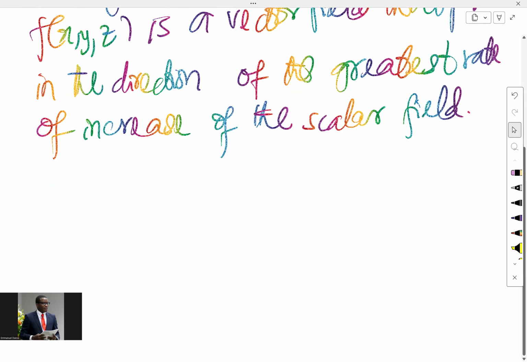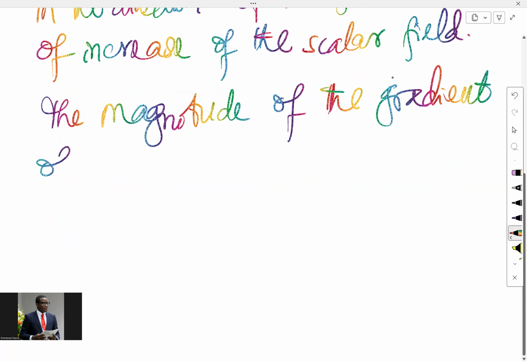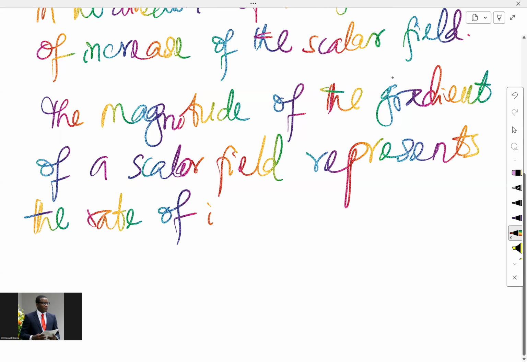Having said that, the magnitude of the gradient of a scalar field represents the rate of increase in that direction.